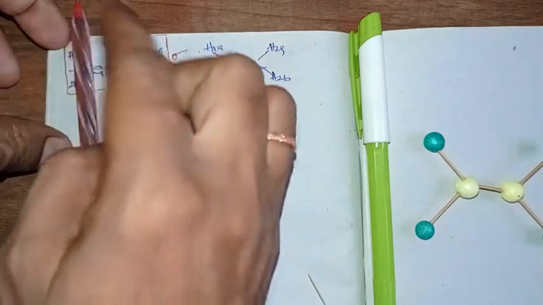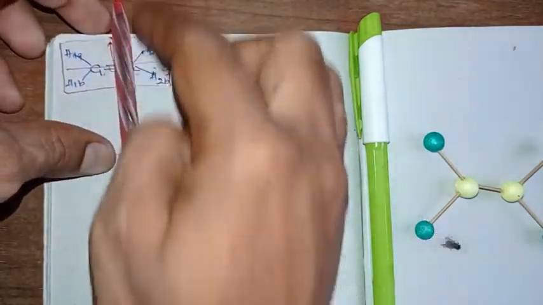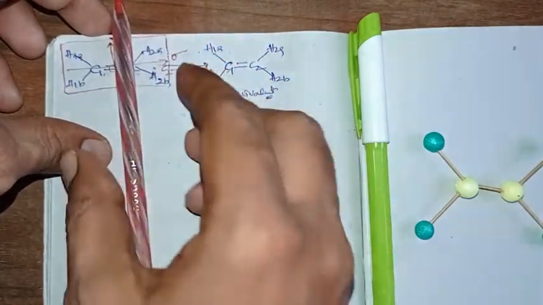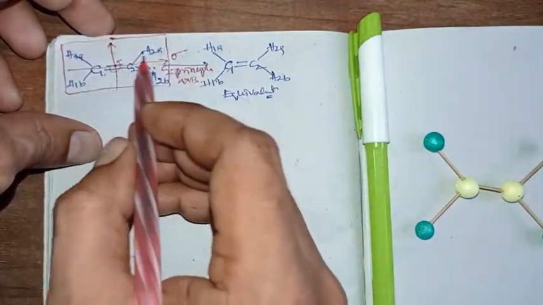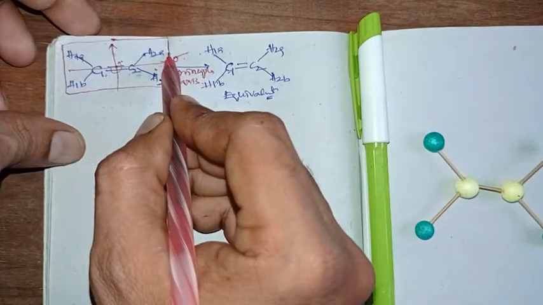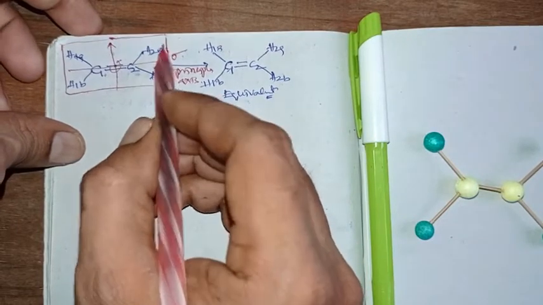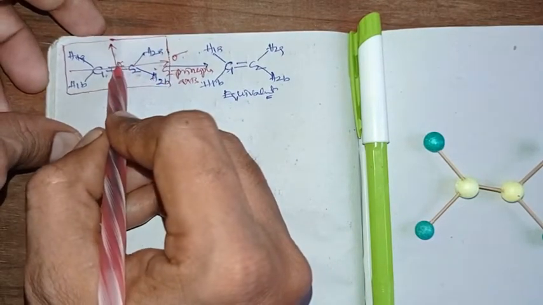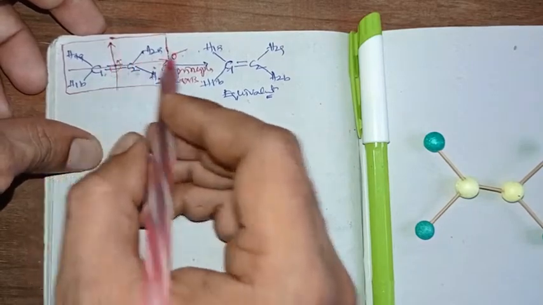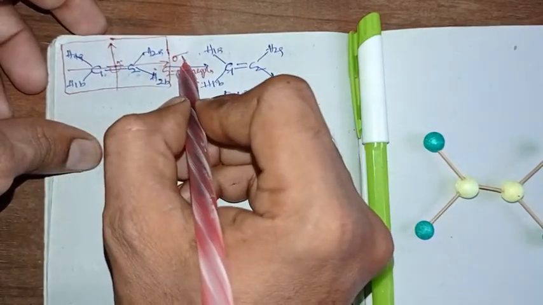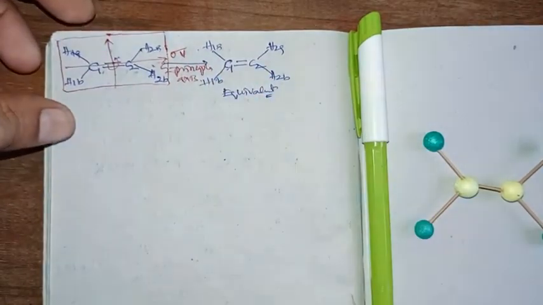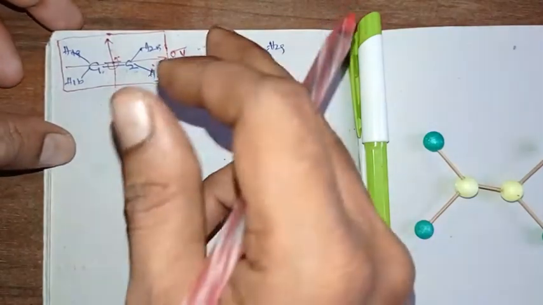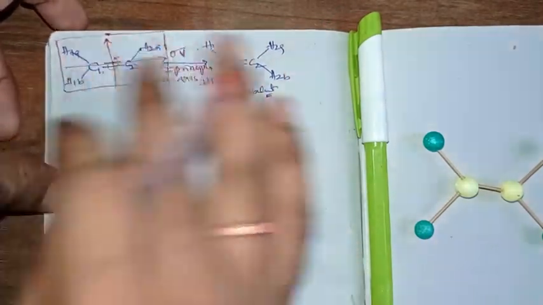But the 90 degrees angle generated between the above to below and front to back axes is not bisected by this particular plane. This plane also passes through one of the secondary axes, which means it is not bisecting the angle between two consecutive C2s. So it would be considered vertical, not dihedral.